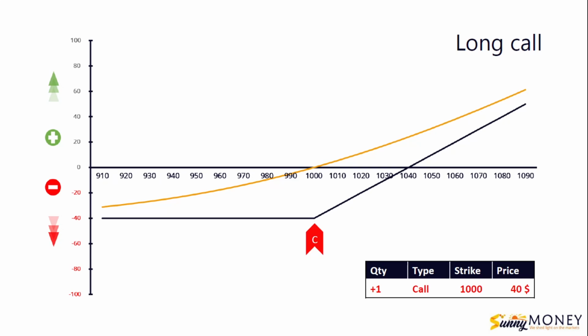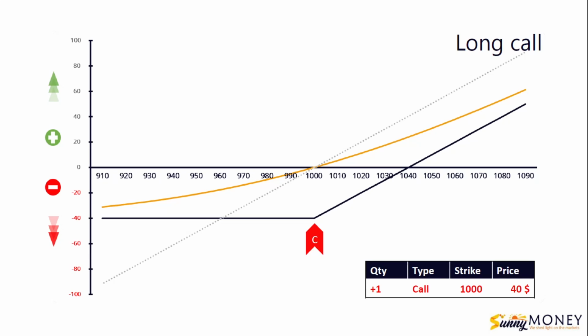Let's try adding the long future payoff line in gray. You see, if the market falls 90 points of the underlying, with the long call, we will lose only $40, while if we had the underlying in our hands, we would have lost $90. This is valid even if the underlying falls by 500 points.